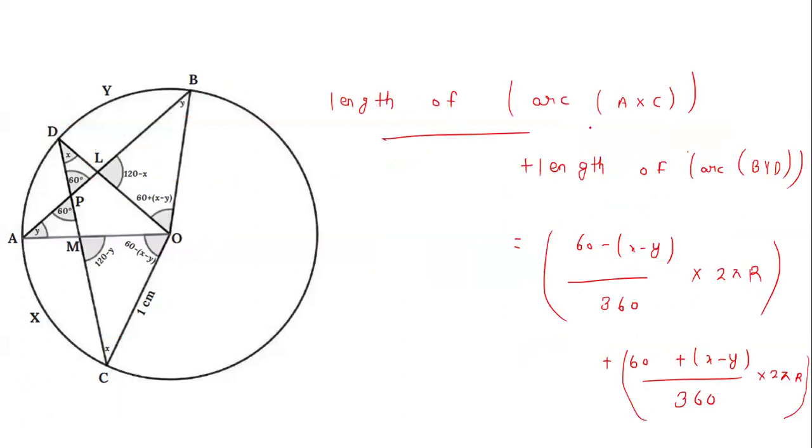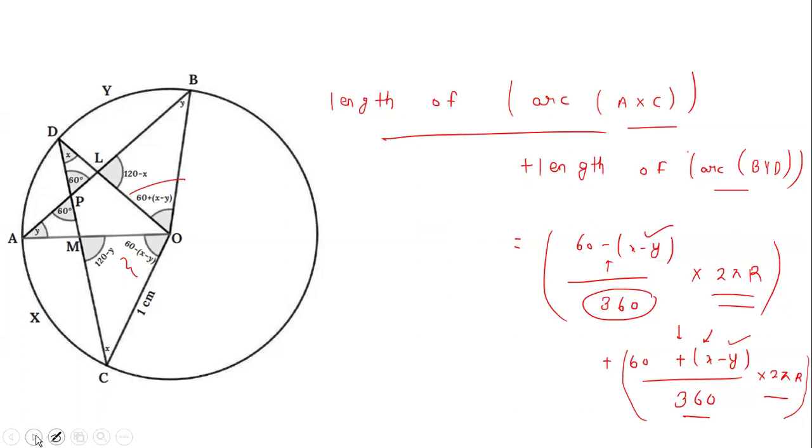Now we want to calculate the sum of the lengths of the arcs AXC and BYD. For AXC the angle is 60 minus x minus y, divided by 360 into 2 pi r. So this is the length of the arc. And for this one the angle is 60 plus x minus y, divided by 360 multiplied by 2 pi r. Now you see this x minus y and this x minus y have opposite signs, this is minus, this is plus.